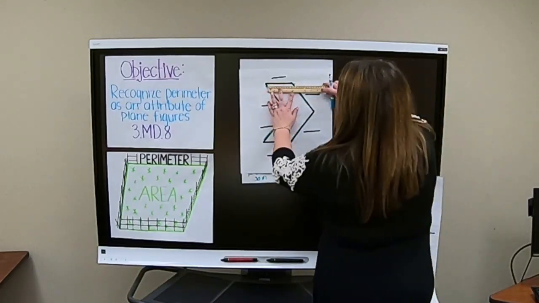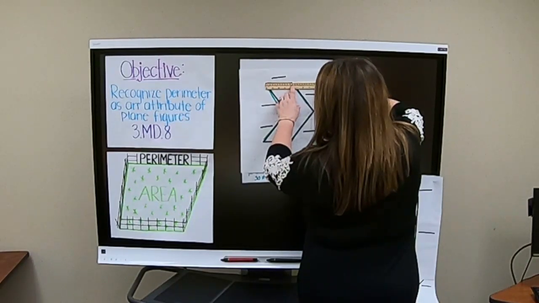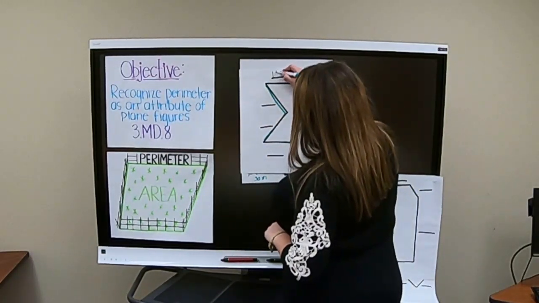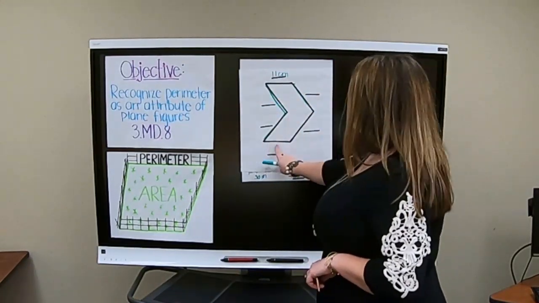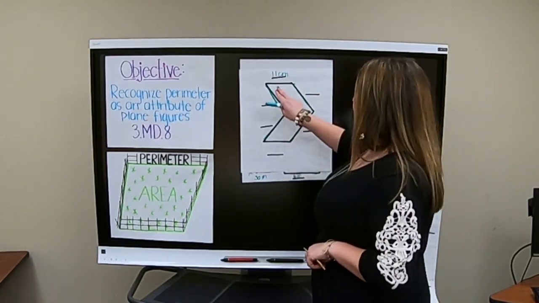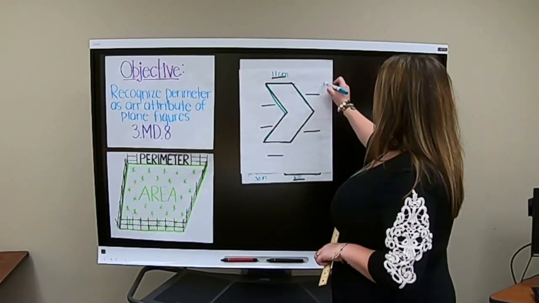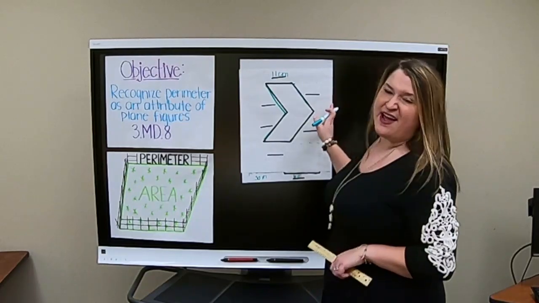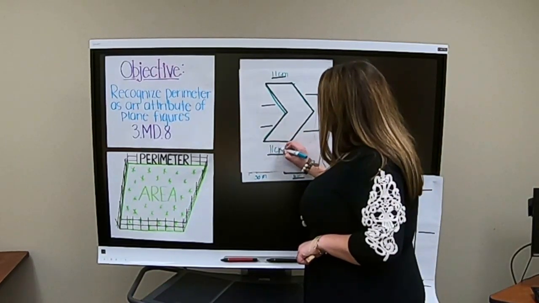All right, so let's look at our first line. Our first line is 11 centimeters. Now remember, the top line and this line are the same. They're also parallel. Do you see how if we extended this line out and extended this line out, they would never cross? Okay, so we have 2 11 centimeters.